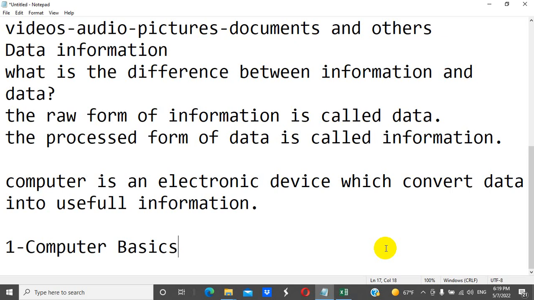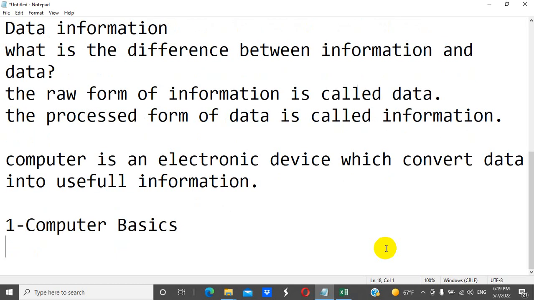At computer basics, we are studying all about the computer. After studying computer basics, we can compare computers to each other. For example, we can say that computer is good, that one is not good. Or if some problem is occurring in our computer, we can say that the problem is from that part of the computer, because in computer basics we will study all about the computer.